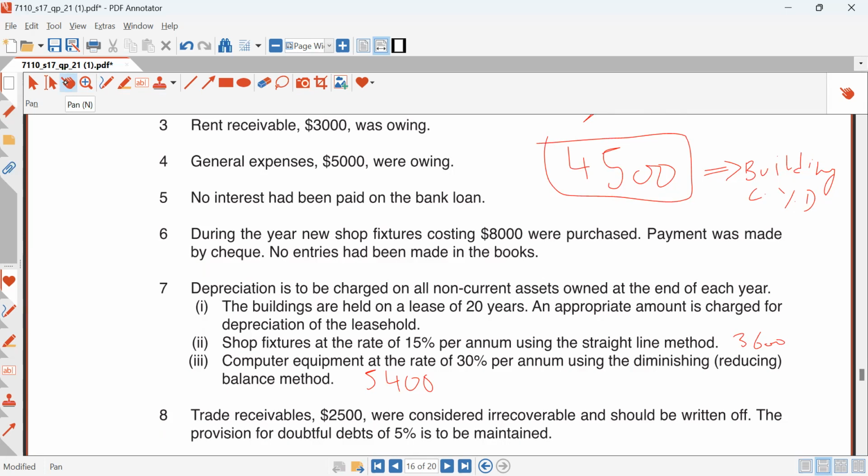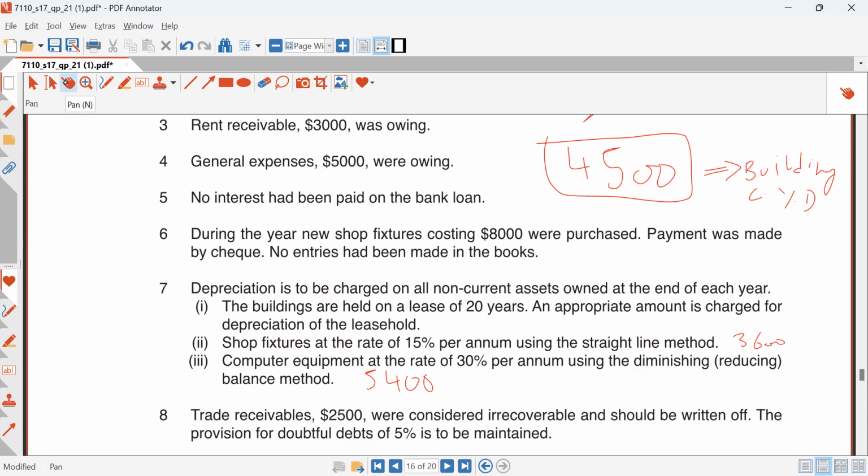How have I calculated provision for doubtful debt? 5% is to be maintained. So we will simply do 34,500, which is the value of trade receivables, minus the bad debt, 2,500. We'll get 32,000. 32,000 multiplied by 5%, we will get 1,600. So provision for doubtful debt is 1,600.